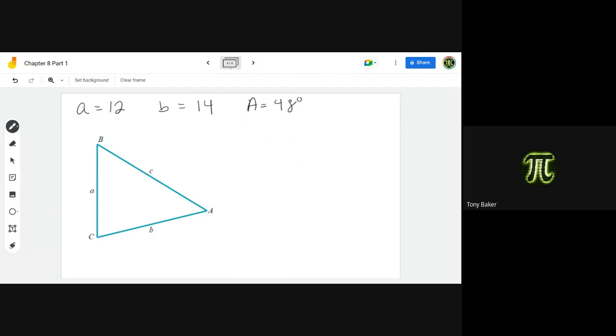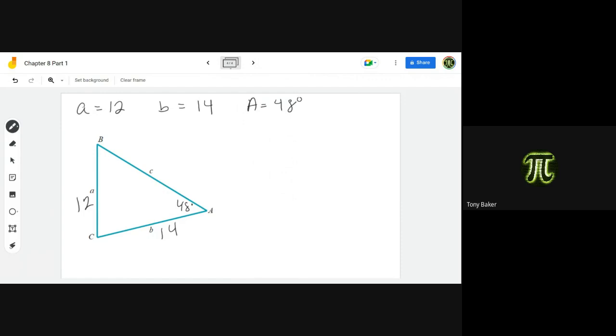Pictures do help, especially when you're looking for connections. So let's put the information on the right things. The labeling does not matter. You can label your sides and angles anything you want. The angles have to be across from the same side, though. So pick which one you want to label first, and then label your angles the same or vice versa. So we've got A is 12, B is 14, and angle A is 48.